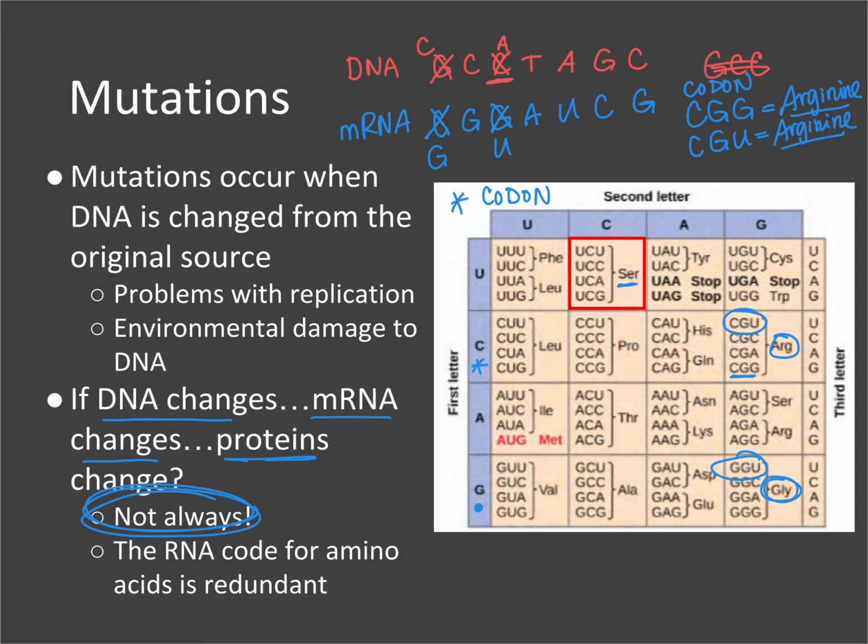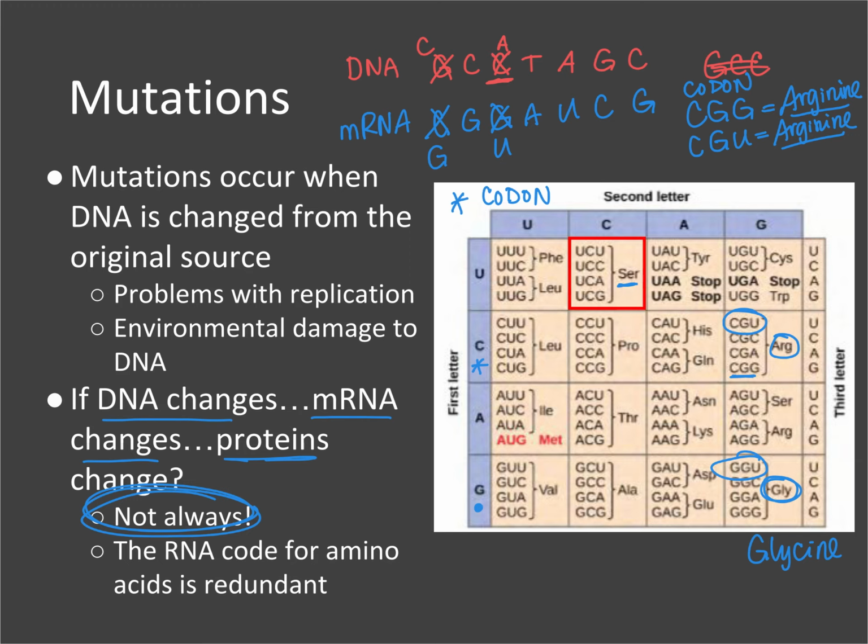So now we've got a problem because instead of arginine, we have glycine in that spot, and now we have a protein that doesn't have the right polypeptide chain. It's got the wrong amino acid in the wrong spot.